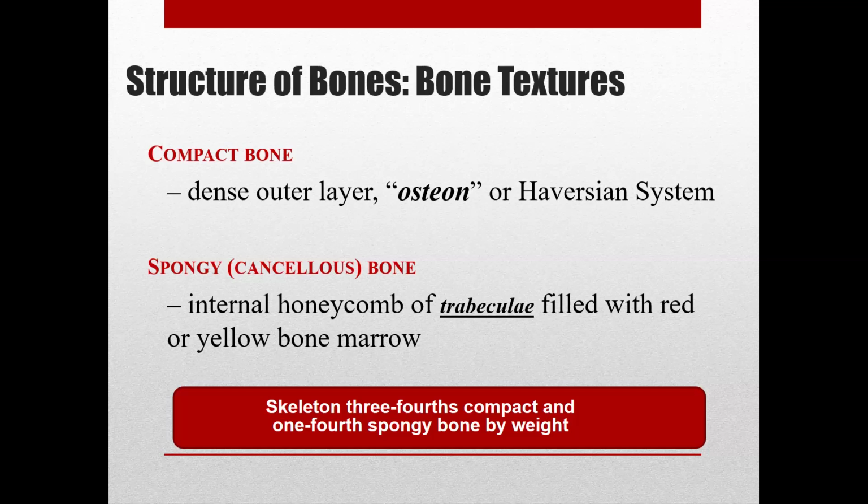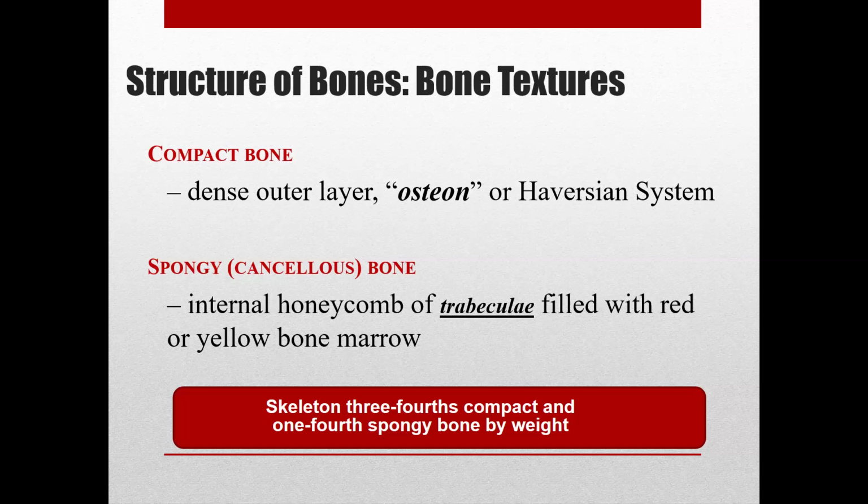So we're going to make some easy associations here. I'm going to put them on the board as we go. This is part of your anatomy of the bone. Compact bone is mainly made of what's called osteons.